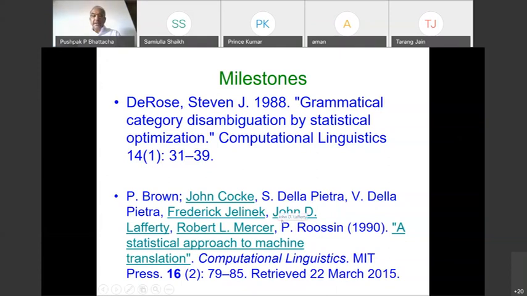Now, in 1990, this happened quite historically, we would say, because this completely again changed the game of machine translation. Again, in 2015-16, we see papers coming from Google where even statistical machine translation is pushed to the background with neural machine translation appearing on stage.